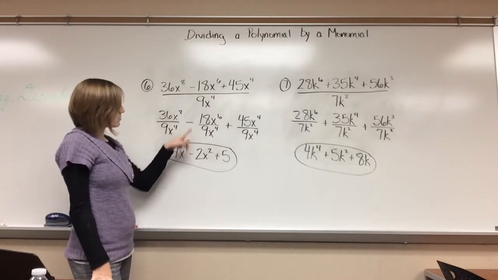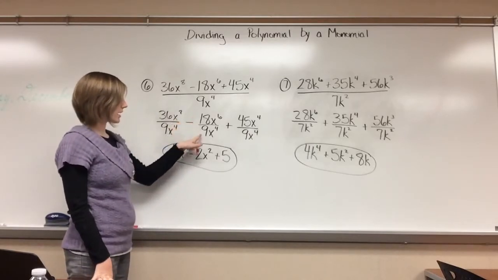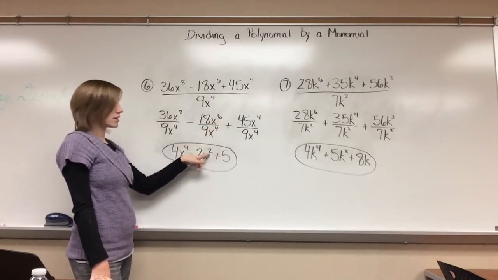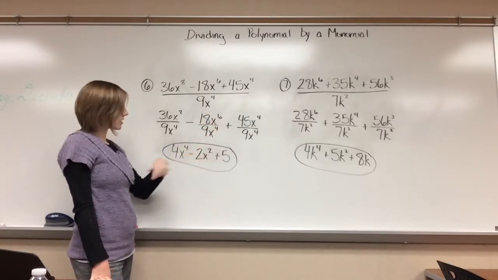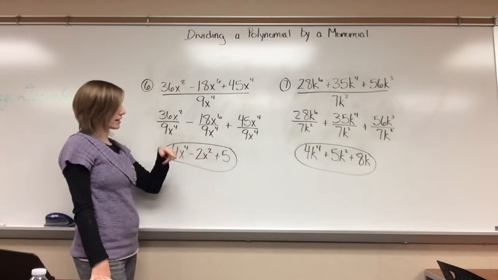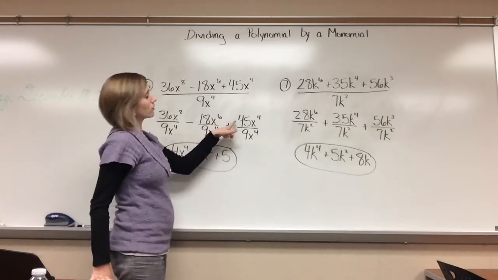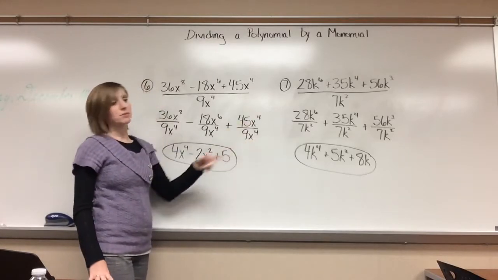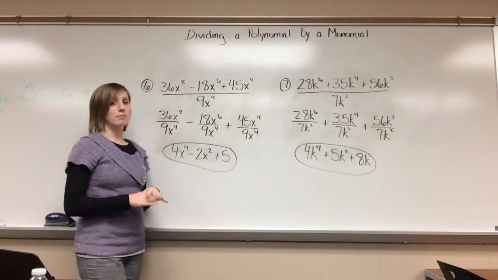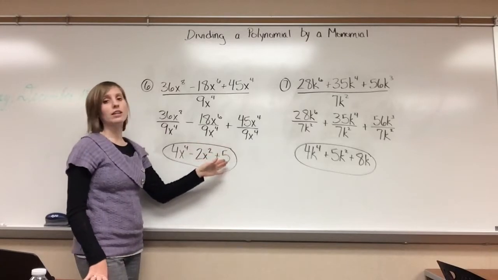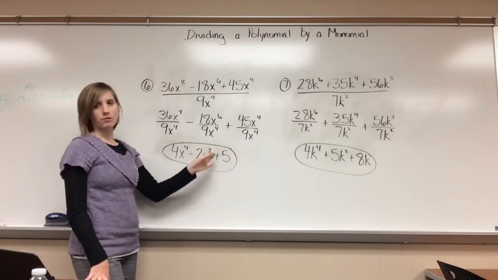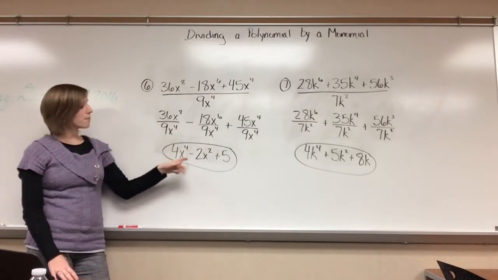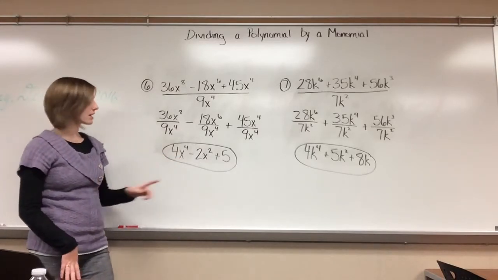After that, my subtraction sign, 18 divided by 9 gave me 2. Subtracting 6 minus 4, I got a 2 for my exponent as well, so I have 2x to the second. And then for my last term, 45 divided by 9 is 5. Subtracting my exponents, I got 0, which means my variable is no longer in that term, so I'm just left with 5. So our answer for number 6 is 4x to the 4th minus 2x to the second plus 5.